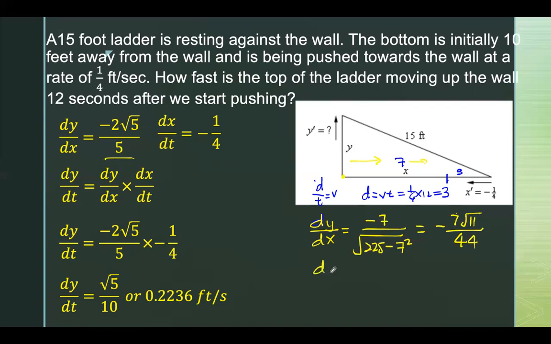Therefore dy/dt is negative 7 over 7 square root 11 over 44 times 1 over 4, times negative 0.25. So you get 0.1319 feet per second after 12 seconds of pushing.